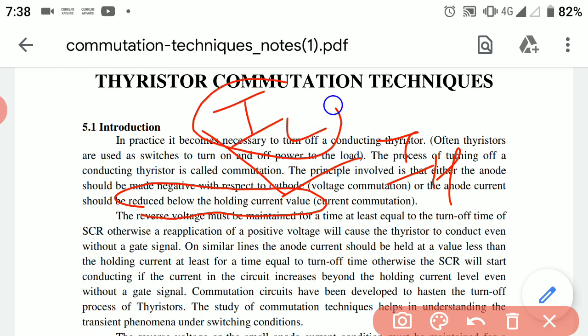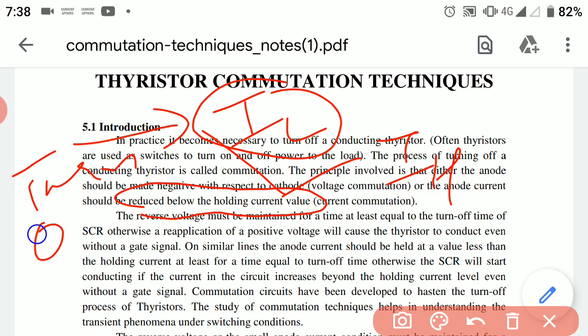Latching current is actually used to turn on the thyristor. If the current through the thyristor is greater than the latching current, then only the thyristor can be turned on. So, latching current is used in the turn on process. But here we are studying the turn off process.